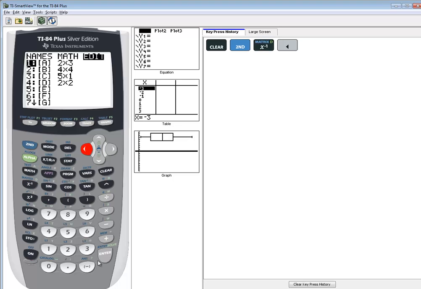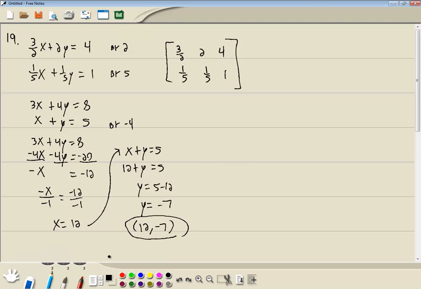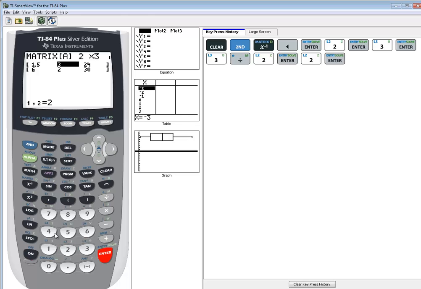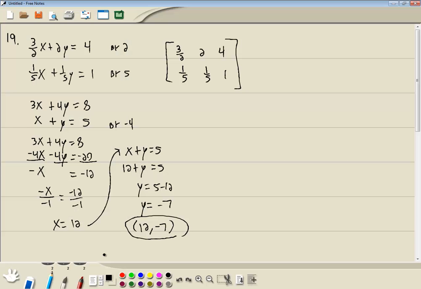Go over to edit, enter on A. It's a 2 by 3, so I do 2 enter, 3 enter. And I got 3 halves, so I got 3 divided by 2. 2 and 4. Then 1/5, so 1 divided by 5. 1 divided by 5. And 1.